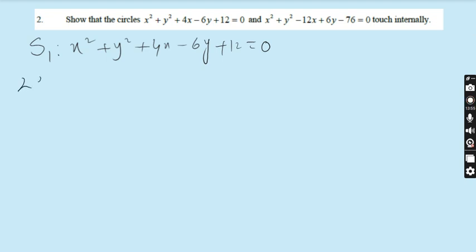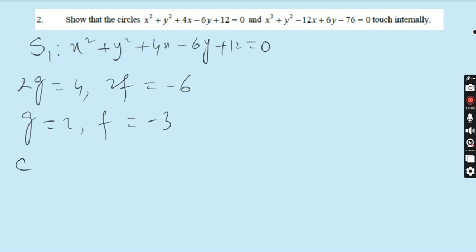So 2g is equal to 4, 2f is equal to minus 6, g is equal to 2, f is equal to minus 3. C is minus g, minus f. Hope you understand what I am doing. And the radius I am doing directly because you know the formula. I have repeated many times the formula of the radius and the center.